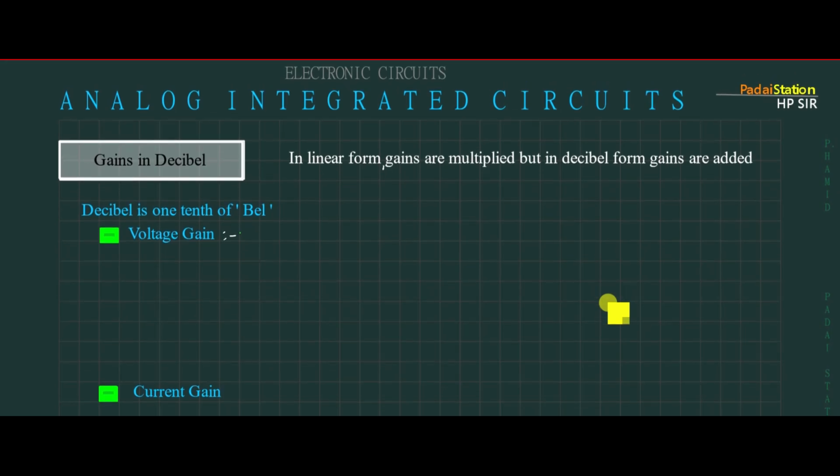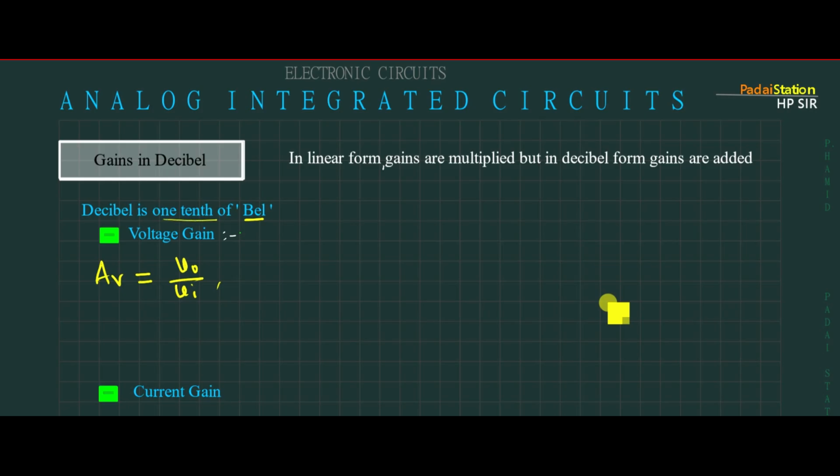And decibel is 1/10 of a bel. Bel is a large unit, and its 1/10 portion is called decibel. Gain in decibel is given by 20 log to the base 10 of the linear gain Av.